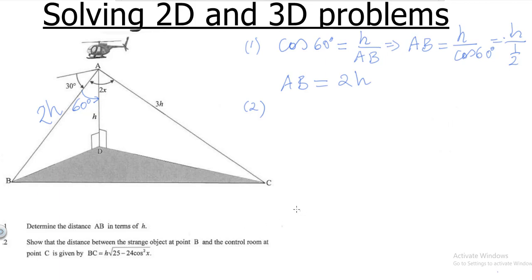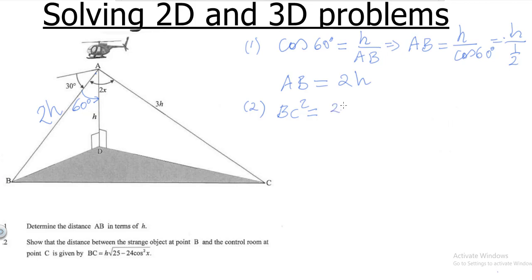BC. Now look, think about the triangle BAC or ABC. But why do I say BAC? Because I'm looking at the angle that makes the side AB and the side AC. And now we are looking for BC. So now BC squared will be equal to this side AB, what is AB?